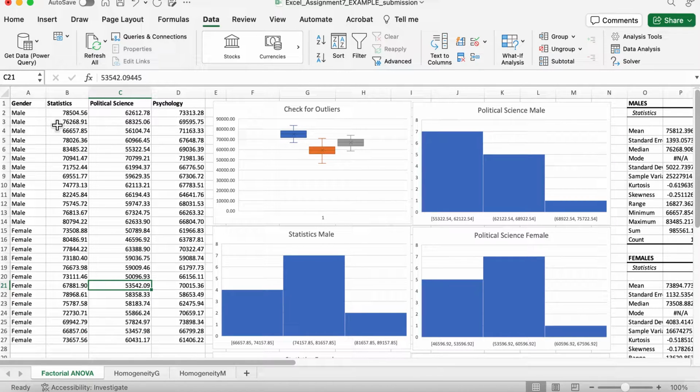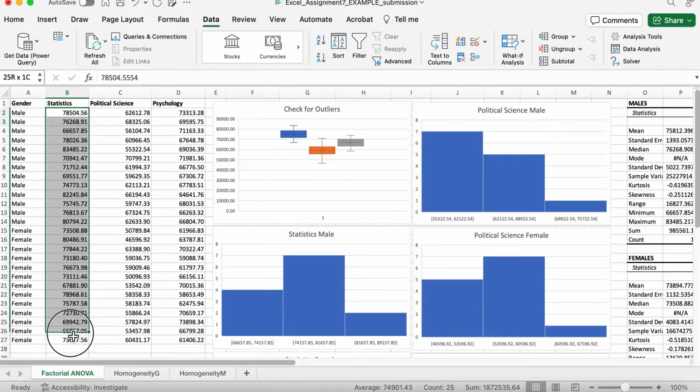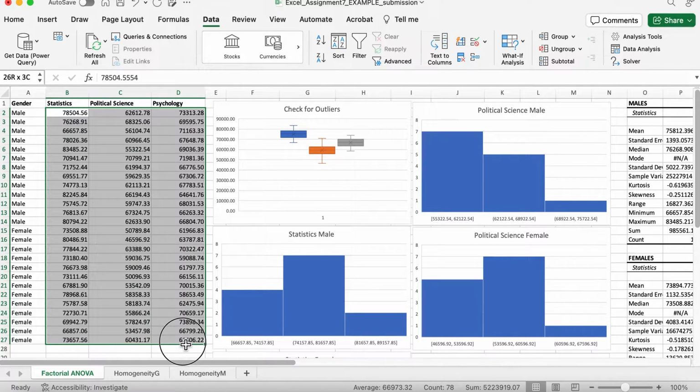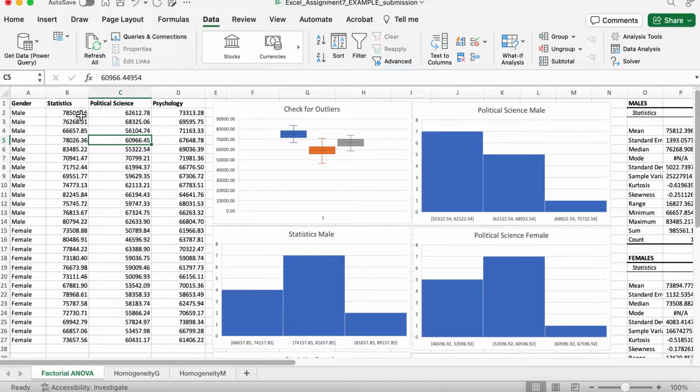If you're looking at major, you're looking at whether one of these 3 columns, or even if they all are, different from each other. So is there a difference somewhere, that statistics is different from political science, or political science is different from psychology, or statistics is different from psychology for the starting salary here?